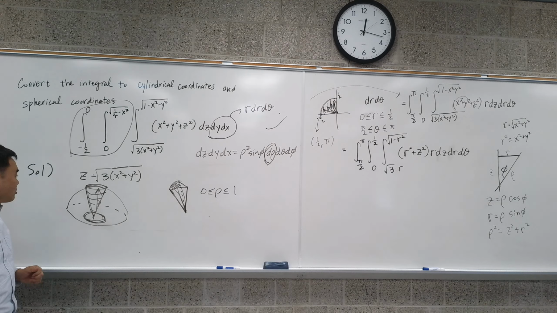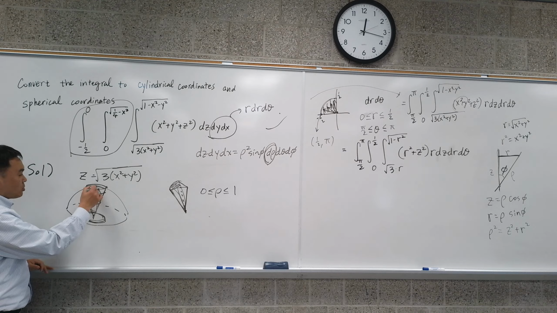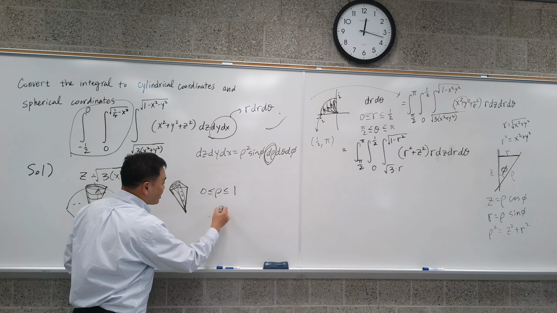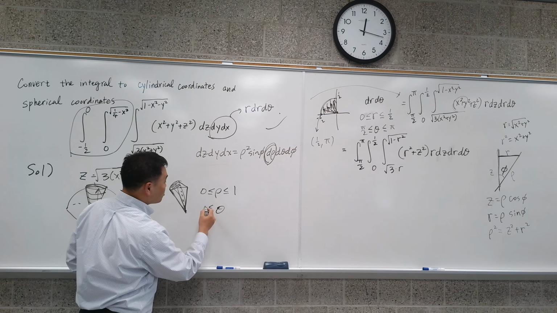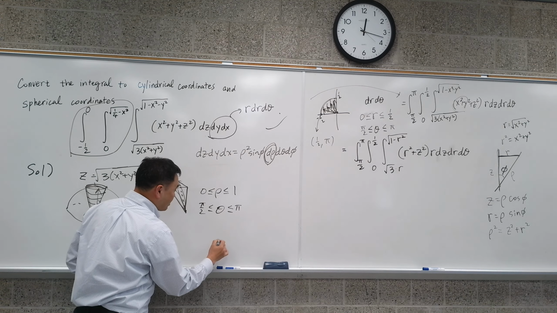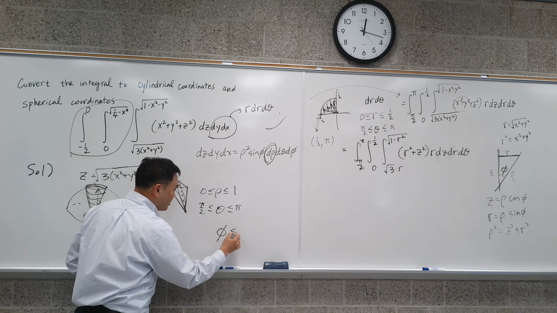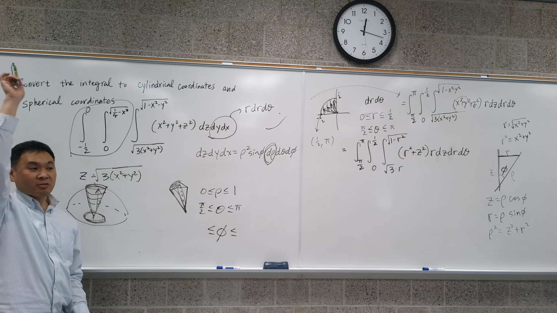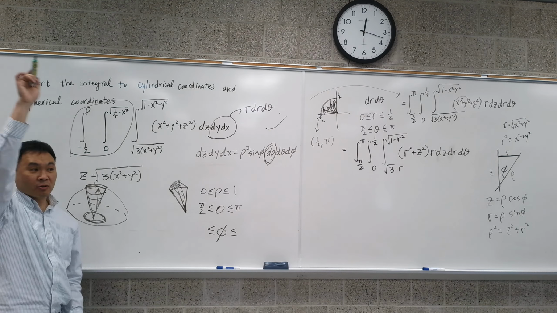However, now the question is, theta is the same as before. Theta is pi over 2 to pi. That doesn't change. However, when you talk about phi, you now have to think about how far does it come down from the North Pole, okay?